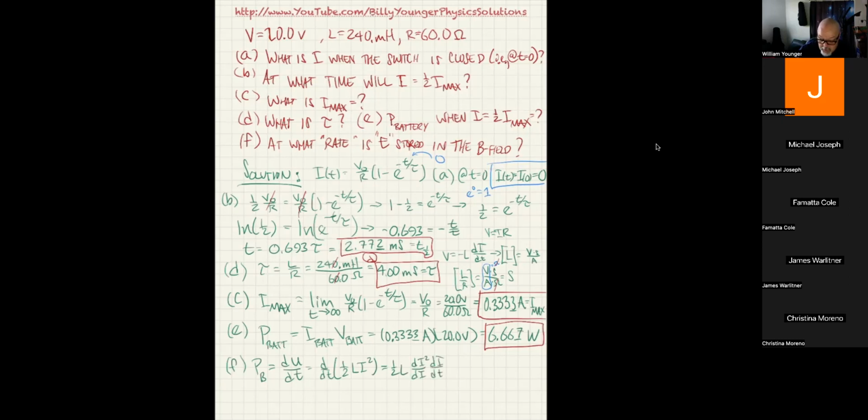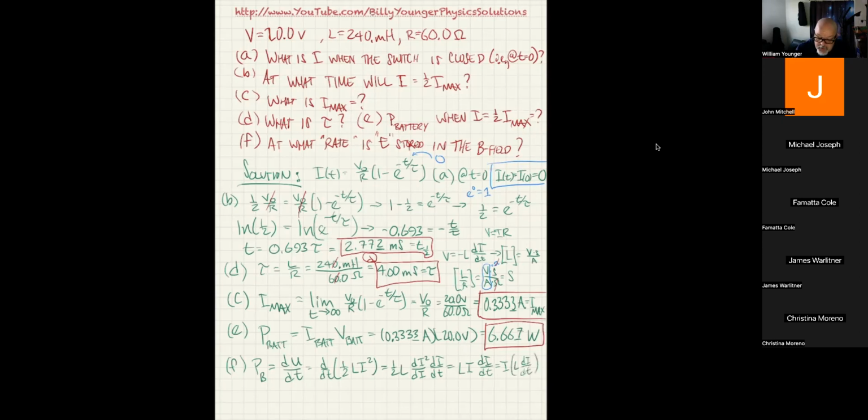That's the chain rule, in other words. The derivative of I squared with respect to I is just 2I, so that's going to cancel out the 1/2 in front. And now I'm just going to get L times I times dI/dt, which I can also write as I times L dI/dt.